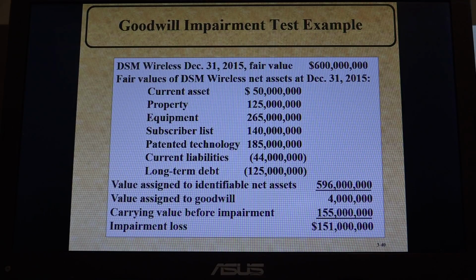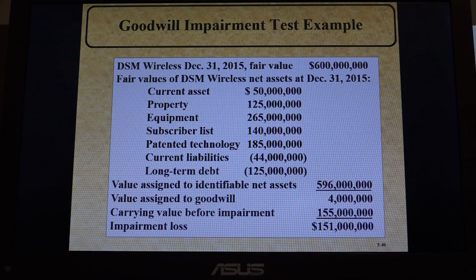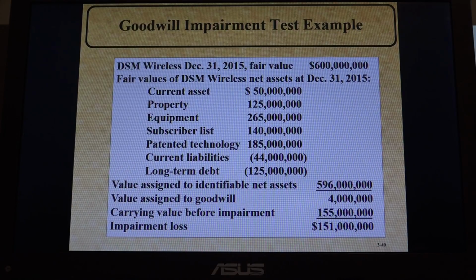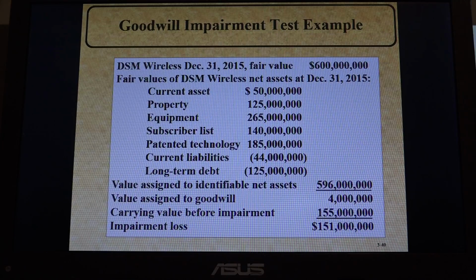Now, obviously, you might have a situation where the fair value is going to eat up all the goodwill, right? I mean, if this had been fair value of $550 million, they'd still have to allocate the fair values to the net assets, right?